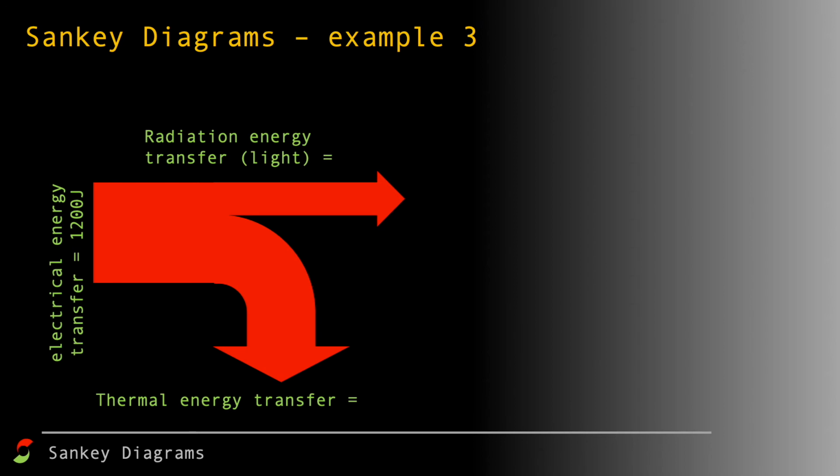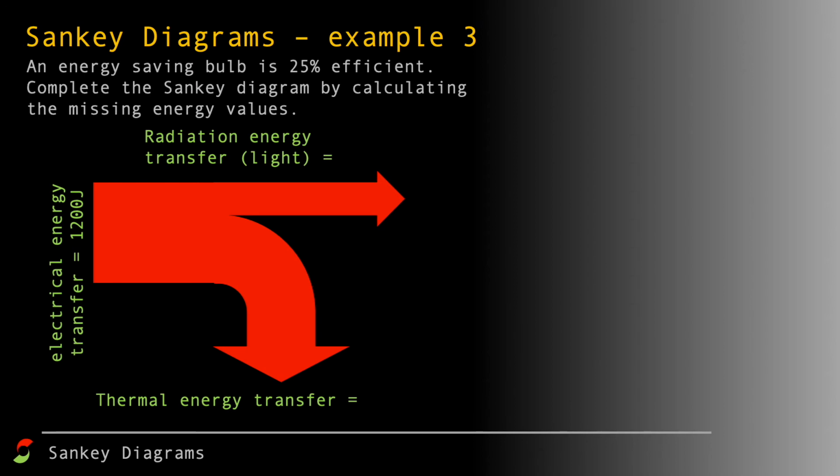Okay, let's have a look at a third example. So this time we're going to look at an energy saving light bulb, and it's going to be 25% efficient. And we're going to complete the Sankey diagram by calculating the missing energy values. So we've got the input energy, the electrical energy input is 1200 joules, and we're told that it's 25% efficient, which means that we can work out how much useful energy is transferred into radiation energy or light.